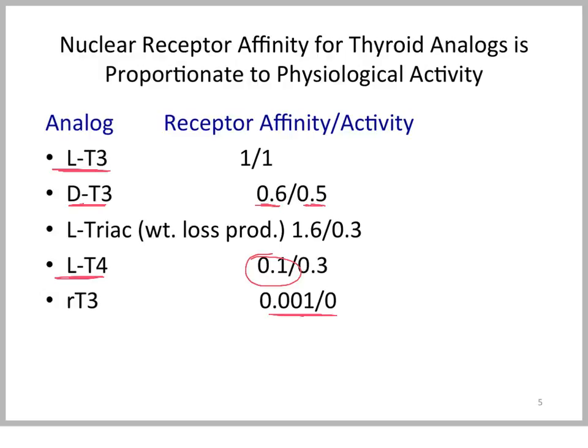The product, the metabolite of T3 called triac, which is a deaminated product of triiodothyronine, you can notice here has a high nuclear receptor binding and has some metabolic activity. So this is a little bit in discordance.